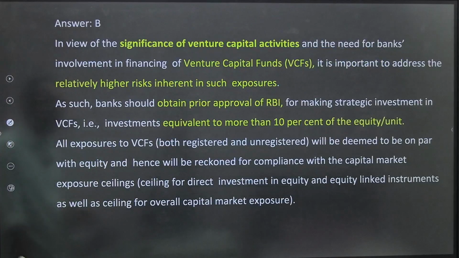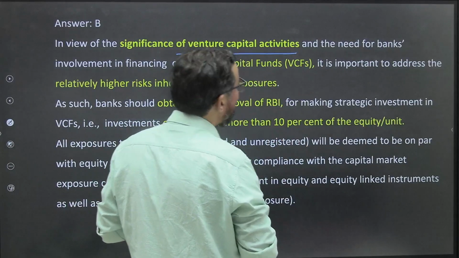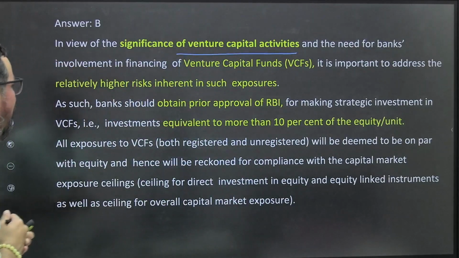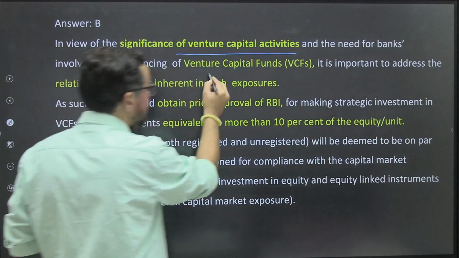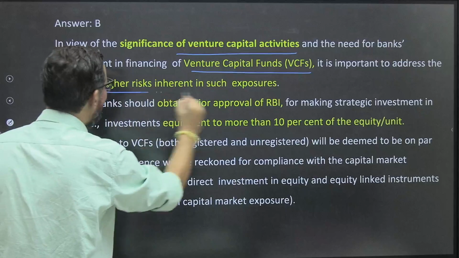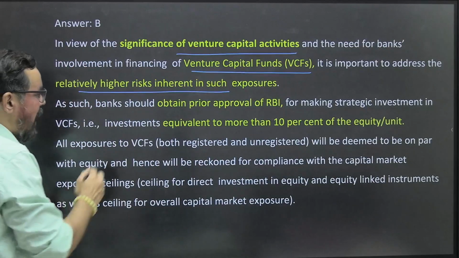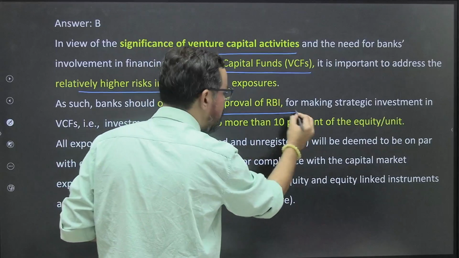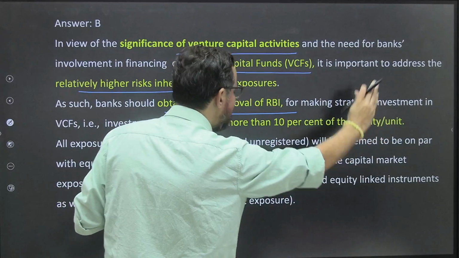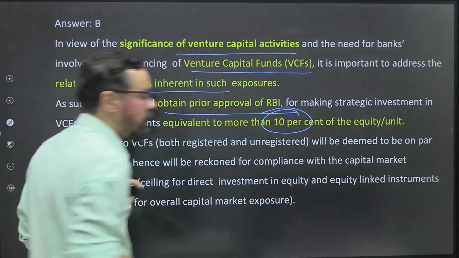In view of the significance of venture capital activities and the need for bank involvement in financing venture capital funds, it is important to address the relatively higher risk inherent in such exposures. As such, banks should obtain prior approval of RBI for making strategic investment in VCs of more than 10%. So less than 10% is not required.